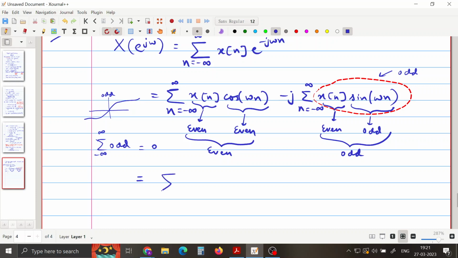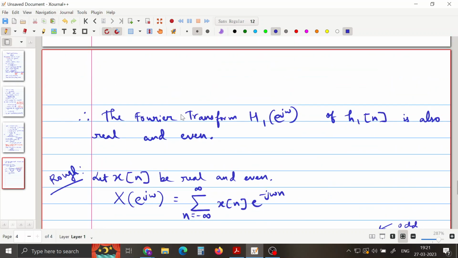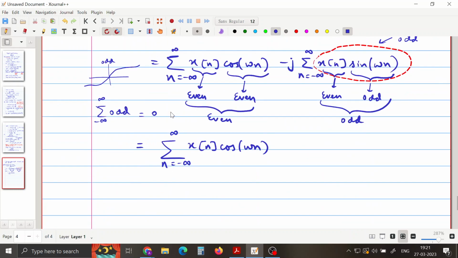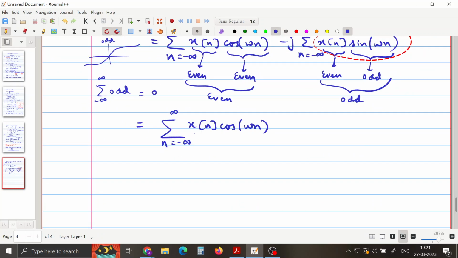So we are only left with the first term, which is x of n times cos of omega n. And x of n is also by assumption a real function. We started with the assumption that x of n is real. So this is real, and cos of omega n also takes real values between -1 and 1.